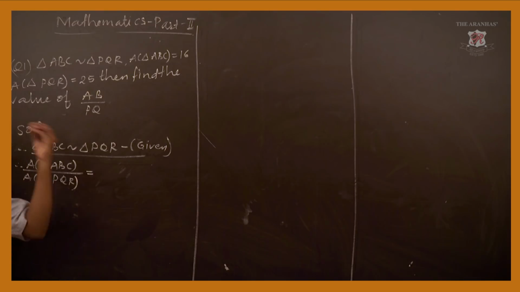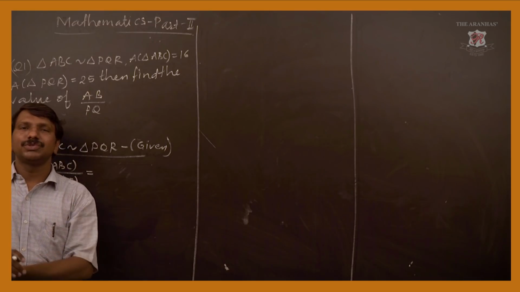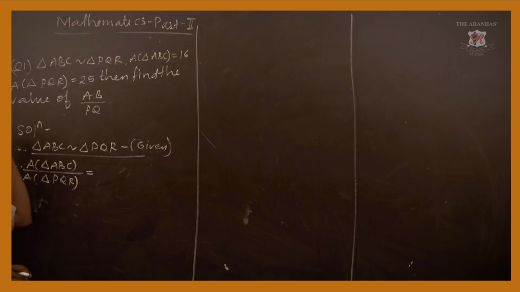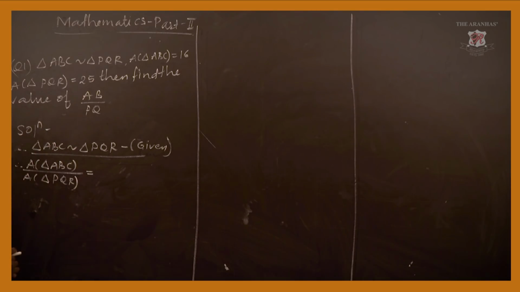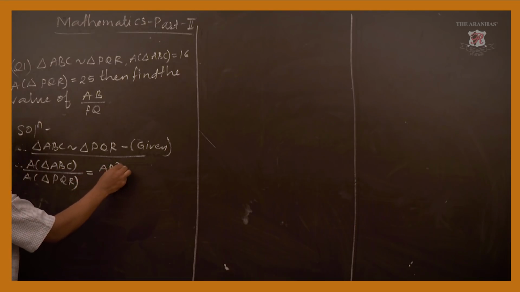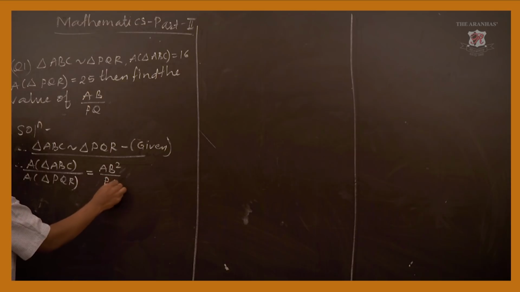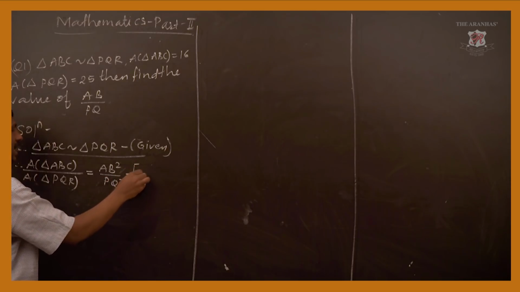It equals not only the corresponding sides but also their corresponding heights, medians, and perimeters squared. So according to the given correspondence, here we will take the corresponding sides, that is AB squared upon PQ squared, and the reason has to be written.